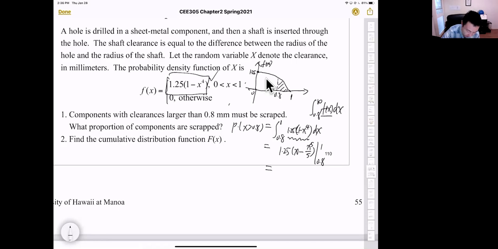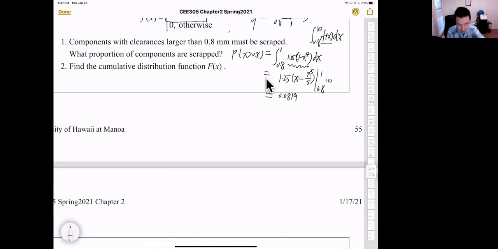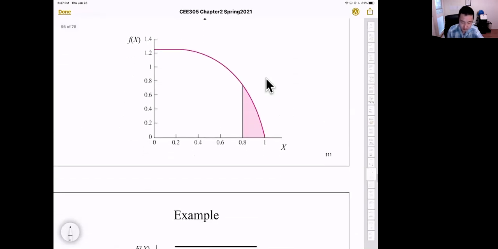If you do the calculation, it is equal to about 8.19% larger than 0.8. So we calculated the area, the pink area between 0.8 and 1.